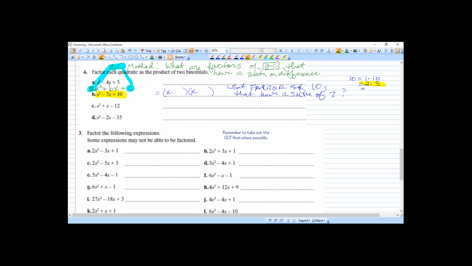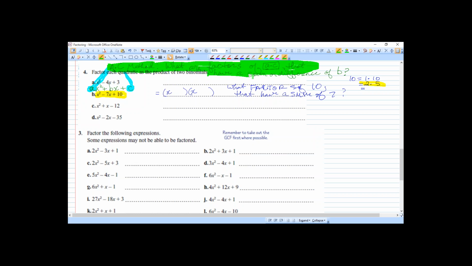Have a sum or a difference of B, whatever the B term is. So there is the basic question of the AC method. This is what you will ask every time you do one of these problems.